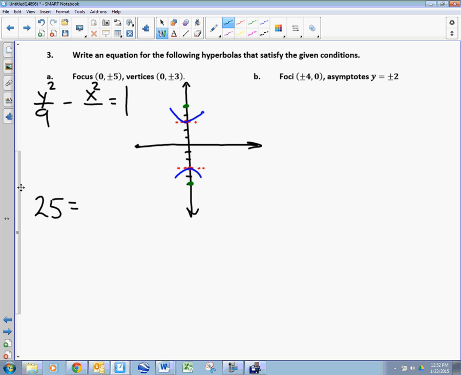For ellipses it does, for hyperbolas it really doesn't. So you just have 9 plus b squared. Either way, b is 4, so b squared is 16, so it goes there. Yep, Pythagorean triple. 3, 4, 5. What I was thinking when I put the problem together.